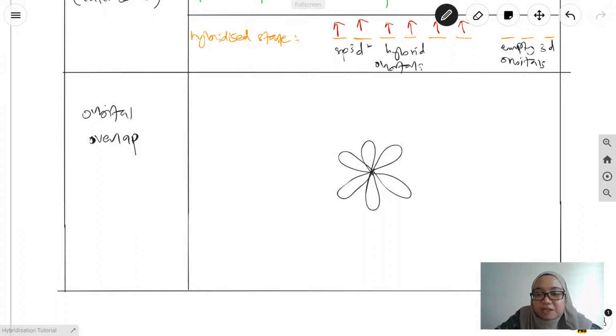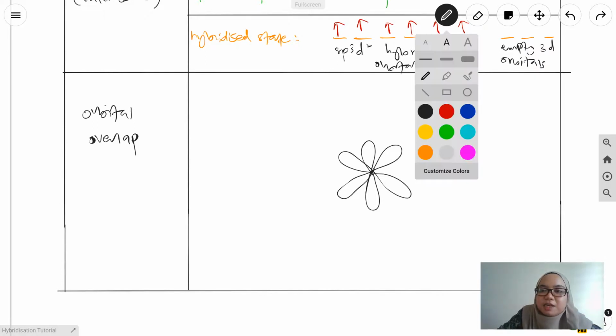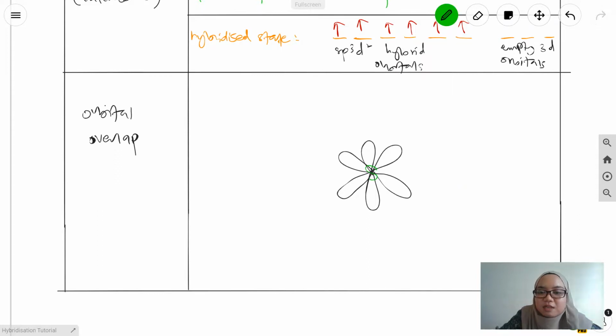Okay, and then label in the middle, label it S. If you don't want to label in the middle, you can label it somewhere else, it's up to you. But in this case, I would prefer to label it in the middle here as S.